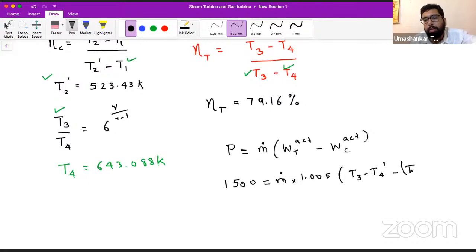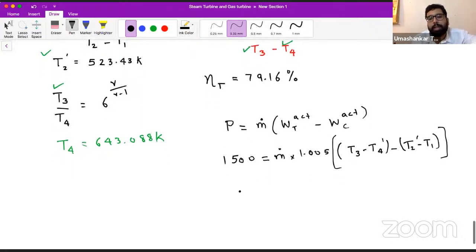T2 dash minus T1. This is our compressor work. So from here you have all the temperatures. Only one thing will be missing, that is m dot, the mass flow rate. You can calculate it, and it will come out to be somewhere near 13.57 kg per second.